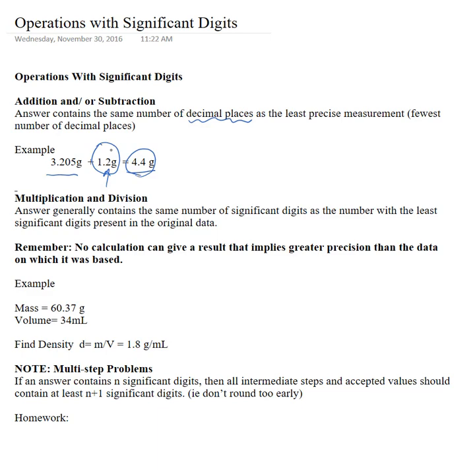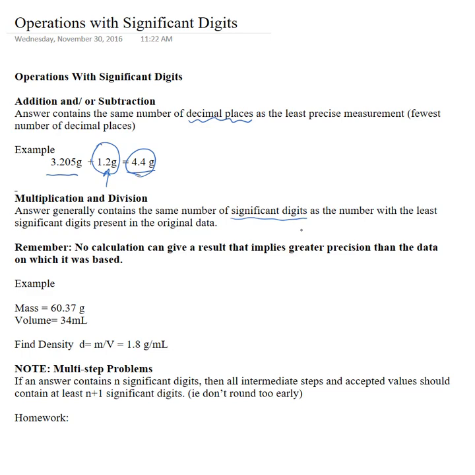When we're doing multiplication and division, what we're going to do is use the significant digits that we have. The answer will contain the same number of significant digits as the number with the least significant digits present in the original data.